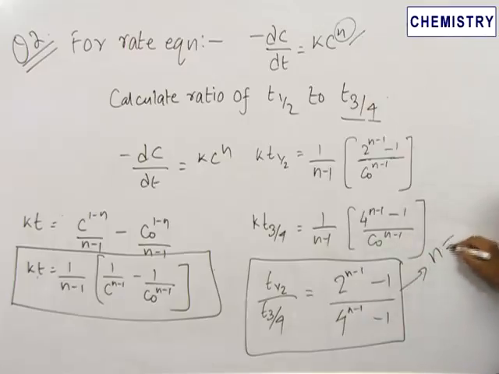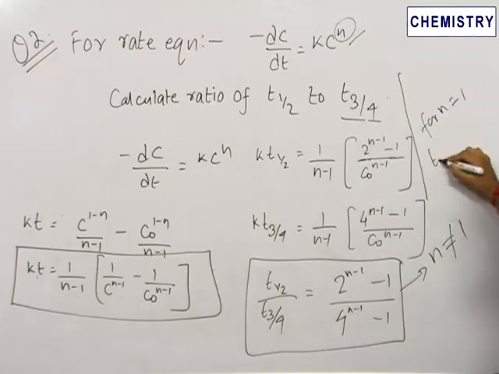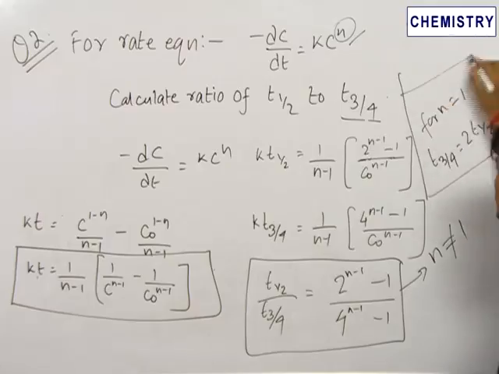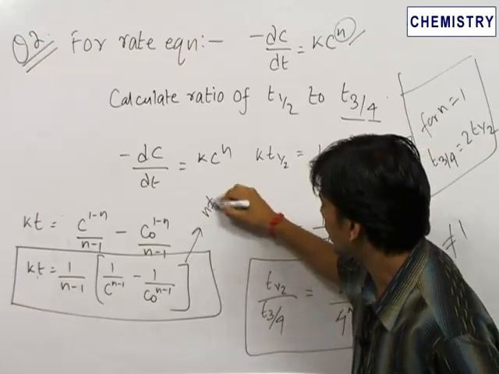This is true for n not equal to 1. For n equal to 1, the reaction is first order, and the result we already know that t 3/4 is equal to 2 times t half, as we solved in the previous question. So you can remember this result as a general result for n not equal to 1.